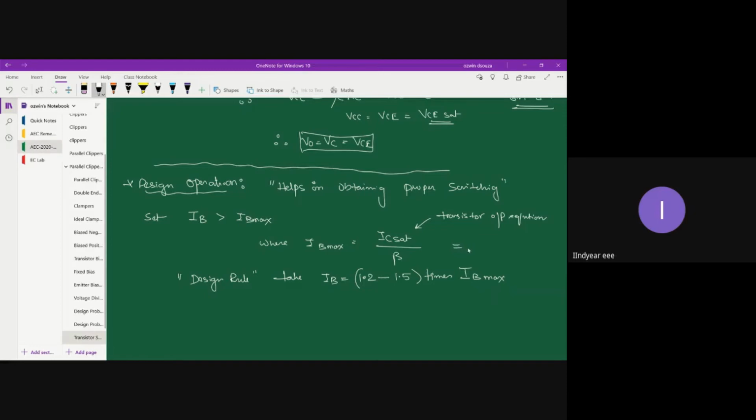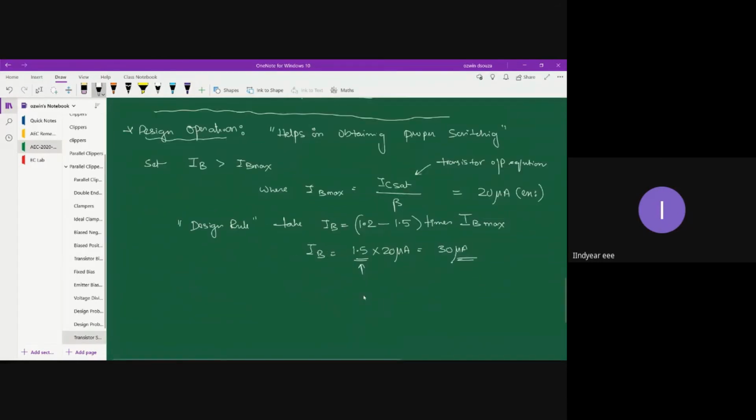Say for example, you have obtained IB max as 20 microamperes. Example I'll write. So your circuit base current, you have to take it as, let's say, 1.5 times 20 microamperes. So that is 30 microamperes. This is what I wanted to convey. That is 120 to 150% of IB max you are supposed to take. Normally I take the upper limit, because greater the value of base current, greater will be the collector current, and better will be the saturation state of the transistor.